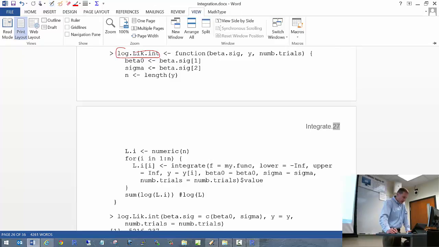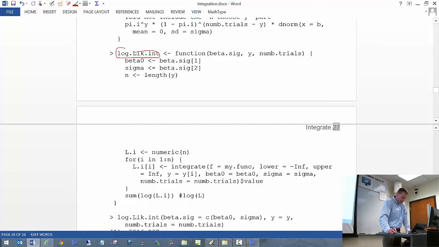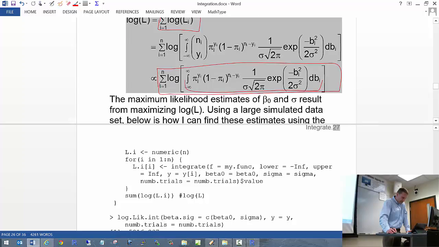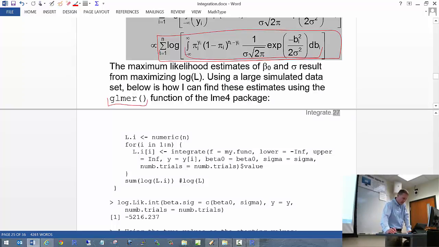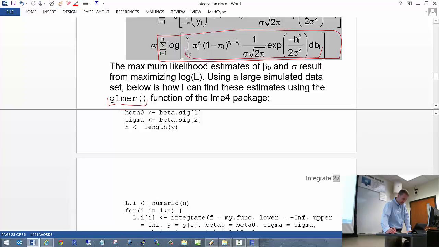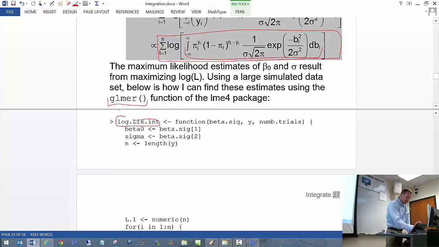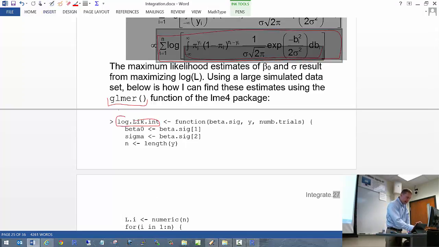Let me do a split screen here. Okay, so basically I need to create a function that optim will use that evaluates this function.